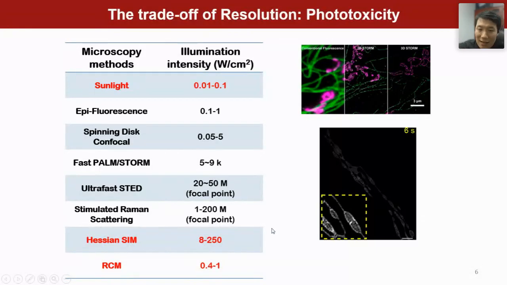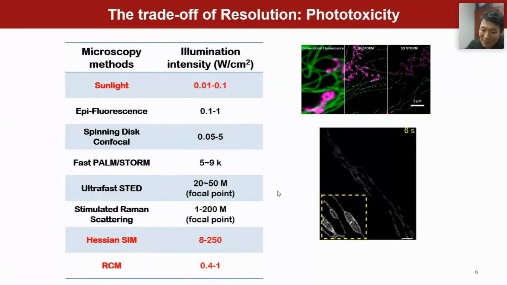Then later I learned from Confocal.nl, and later Yaron will show you his microscope, the RCM microscope. It has pushed the boundary down to almost like an epifluorescence microscope. I want to show you that physicists are constantly pushing the light to be lower and lower to make the cell healthier and healthier.